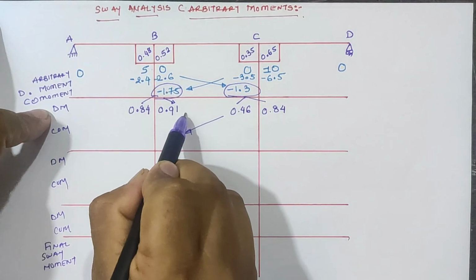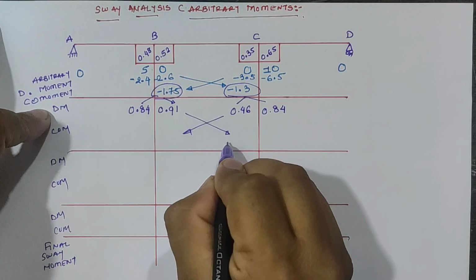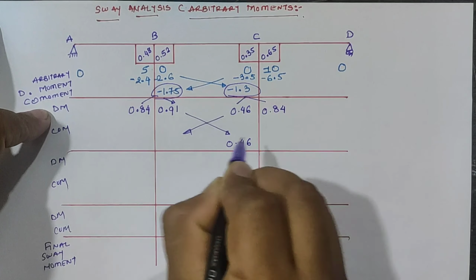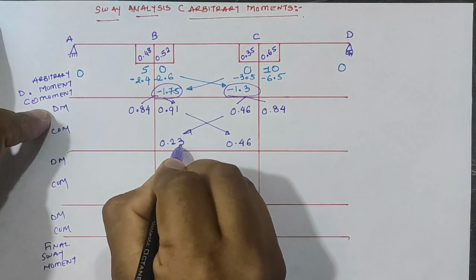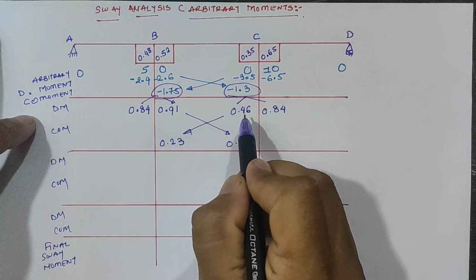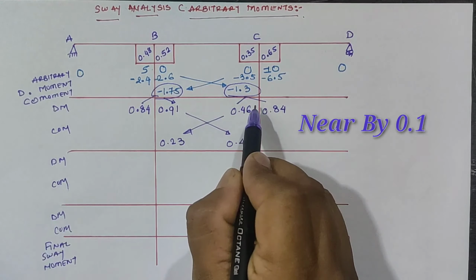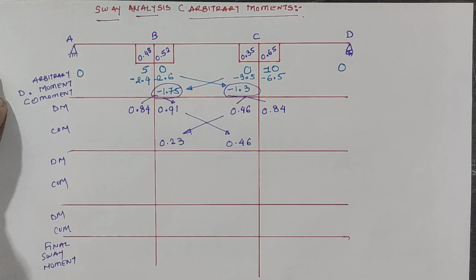So carry over to the nearby support as 0.46 and 0.23. We have to repeat this step until the distribution moment is nearly zero. So let us calculate all the values.